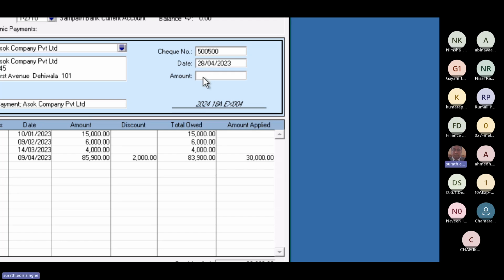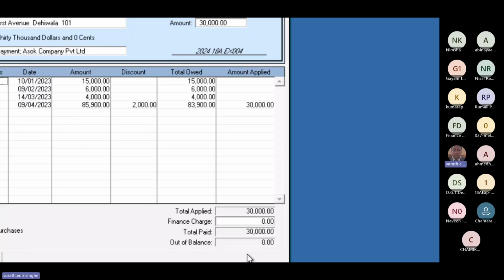Then click on amount, it automatically identifies the same amount. Click on the tab button, then out of balance is 0. After you press the tab button, the total paid is 30,000. The balance will be paid later. Or you can do full payment also.